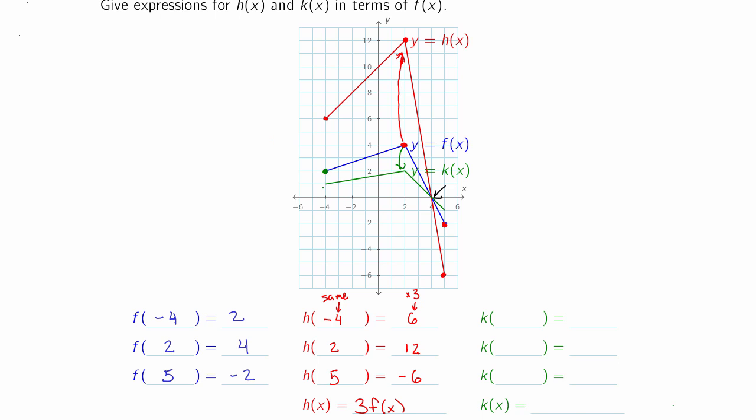So -4, 2, divide the y-coordinate by 2 and we get -4, 1. k of -4 is 1. 2, 4, divide the y-coordinate by 2 and we get 2, 2. k of 2 is 2. 5, -2, divide the y-coordinate by 2 and we get -1. k of 5 is -1.